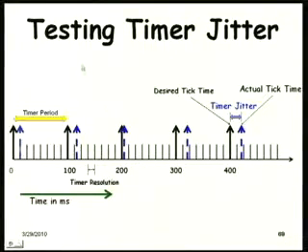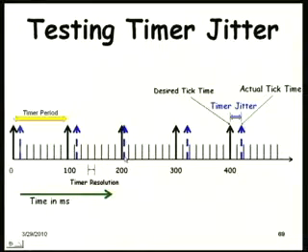So, this is about testing the timer jitter. See, we have set a periodic timer. The timer period is from time 0 to 100, 200, 300, 400 and so on. But see, at different times the timer is being reported at different places, right.